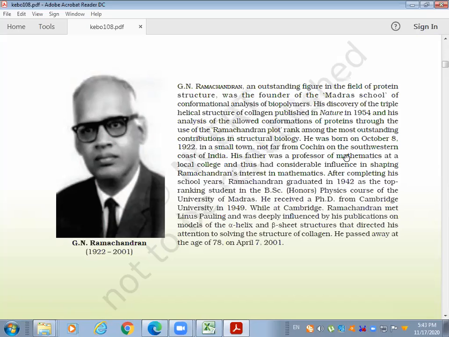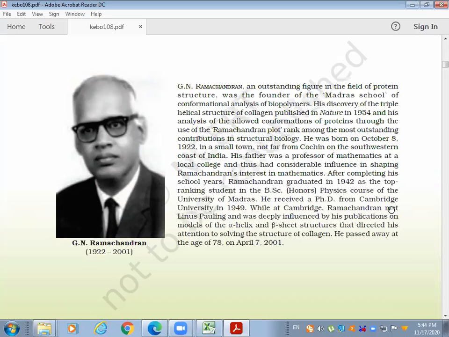His father was a professor of mathematics at a local college and thus had a considerable influence in shaping Ramachandran's interest in mathematics. After completing his school years, Ramachandran graduated in 1942 as a top ranking student in the BSc Honors Physics course of the University of Madras. He received a PhD from Cambridge University in 1949.